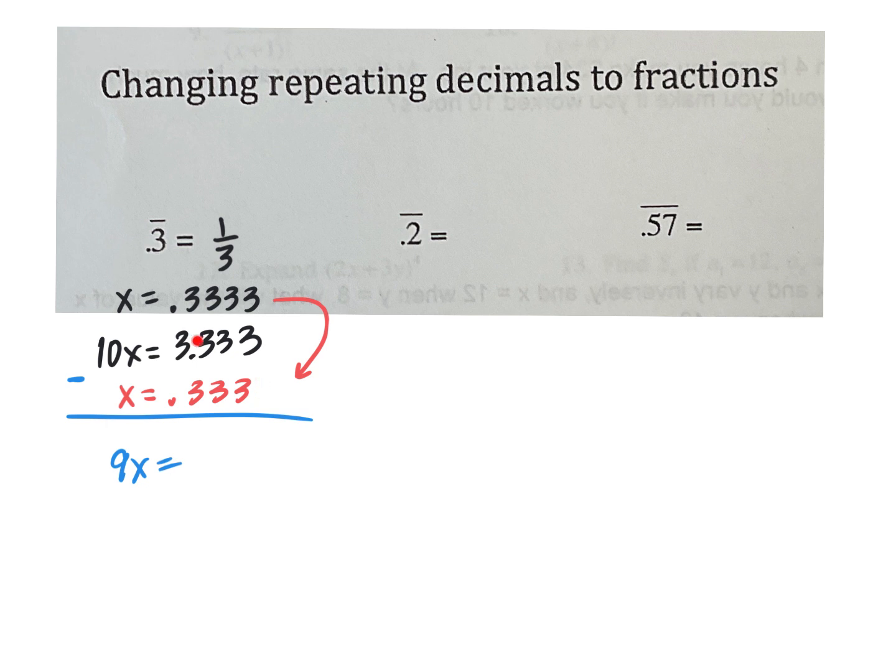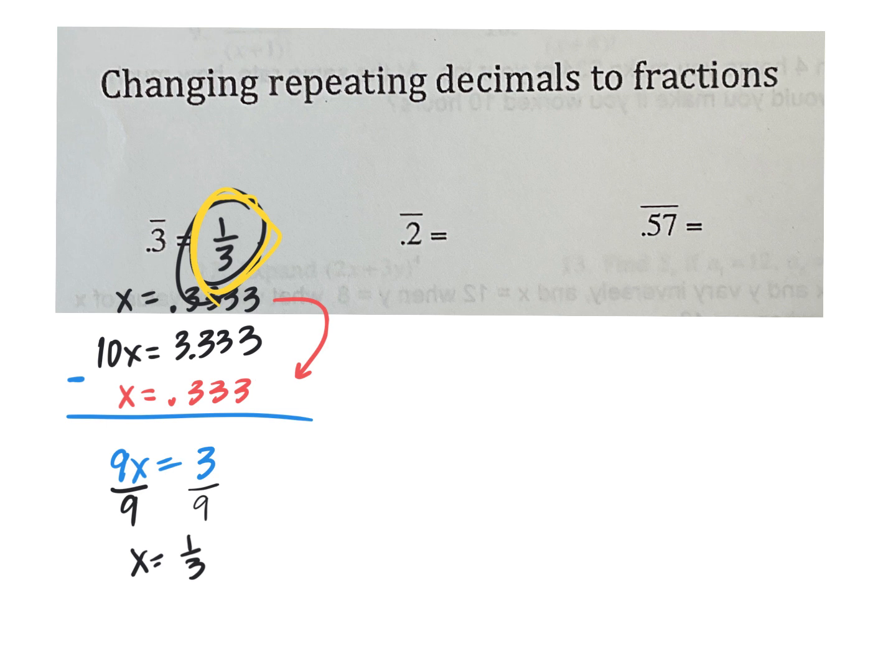Because if I said x was 0.333, wouldn't we just get 3.333 minus 0.333? That would just get me 3. You agree with that? Then what would I do to get x by itself? What is 3/9 the same as? Done. That is the value of that decimal as a fraction.